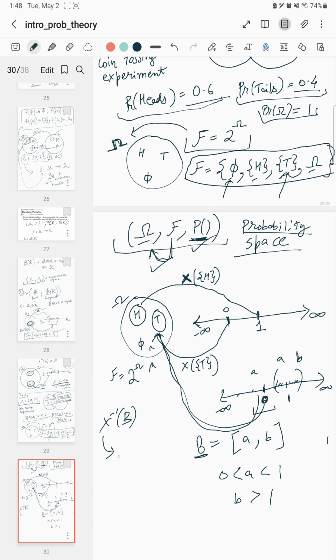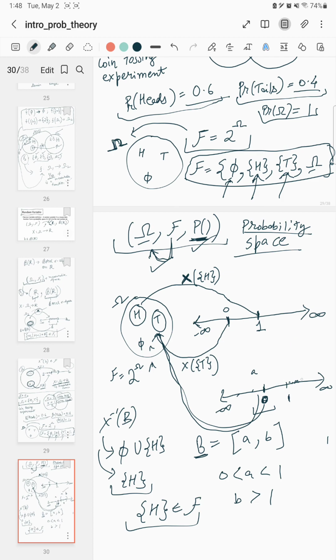So this would be phi union with heads, which is the set heads, and we know that this set heads does belong to the sigma algebra F, as we can see here. Hence this also satisfies the condition.